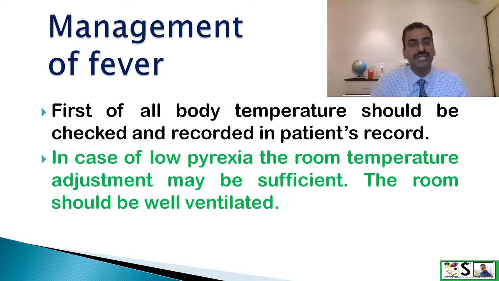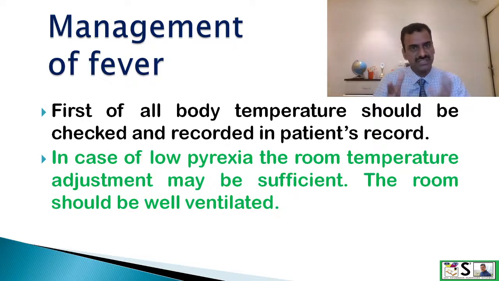Now we come to management of fever. Many times in our family, we find a family member suffering from fever. What should we do? What can be done in the home as well as in the hospital?